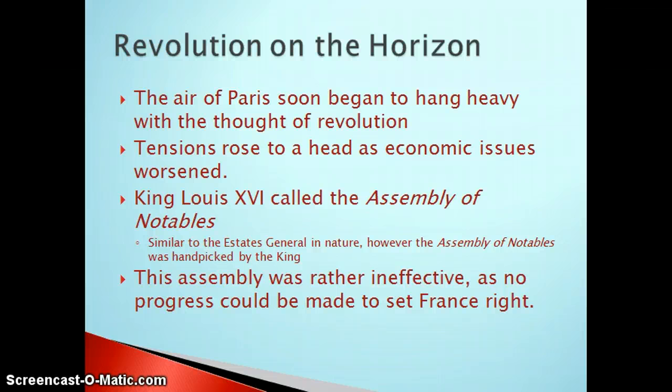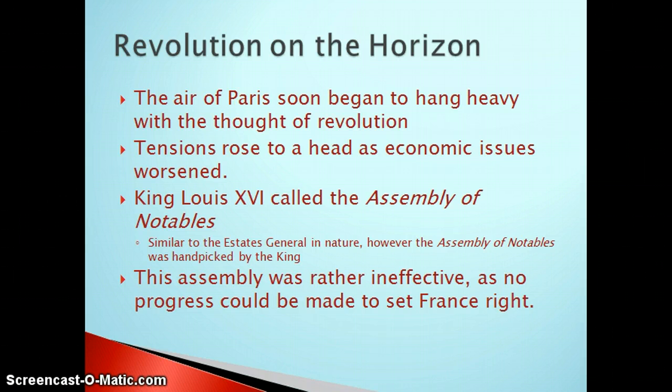Now, as this PowerPoint and this video has been building up to, revolution is on the horizon. The air of Paris soon began to hang heavy with the thought of revolution. Tensions rose to a head as the economic issues worsened and people could still not afford to eat. King Louis XVI called the Assembly of Notables. The Assembly of Notables is a little bit similar to the Estates Generale, as we've talked about previously.